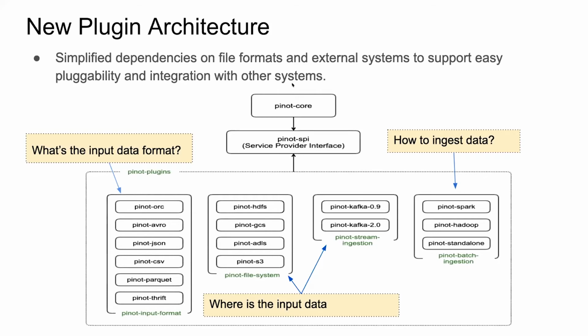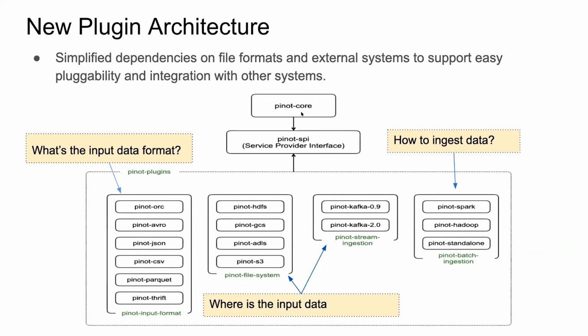So we needed to simplify this to support better pluggability and to make developer contribution more productive. If they want to add support for some external system or integrate with another system, it should be fast and they should not get themselves into a complex dependency structure.